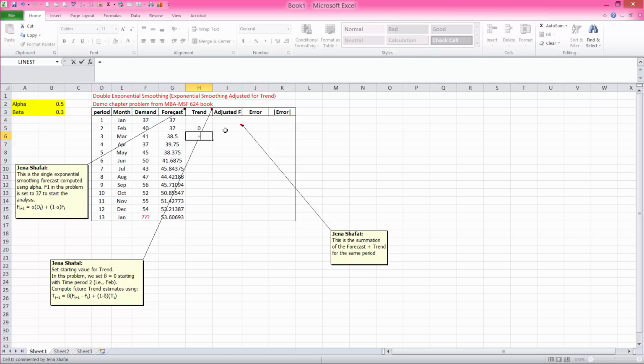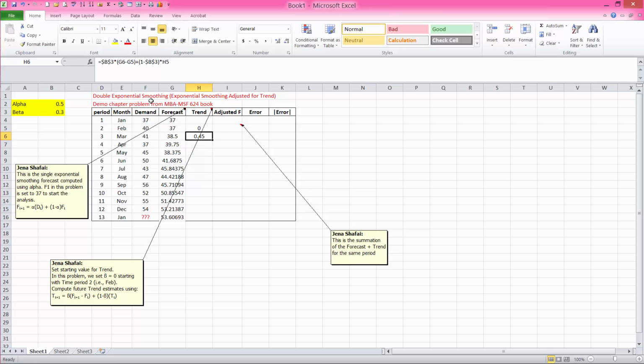So we have equals beta, fixed, times the forecast from that same time period minus the forecast from the previous time period, plus 1 minus beta, again fixed, times the trend from the previous time period, which would be this 0.